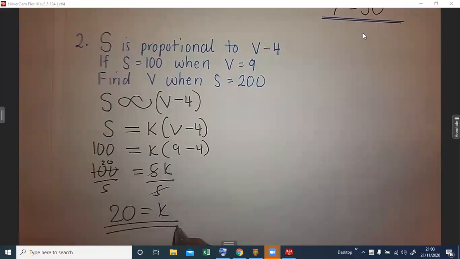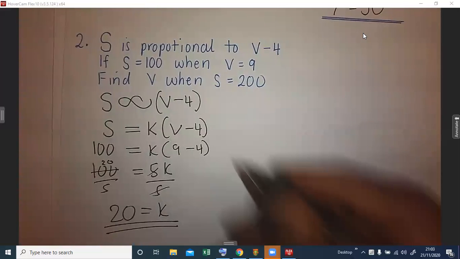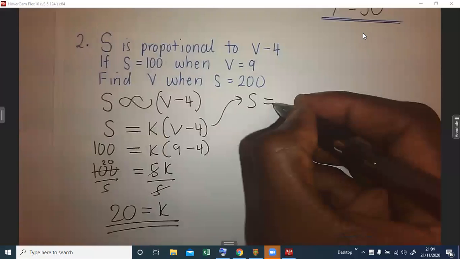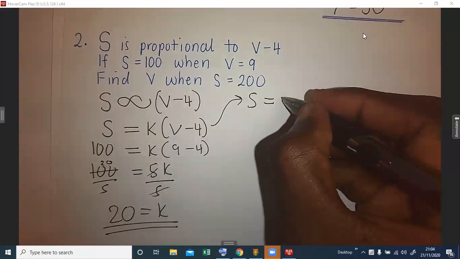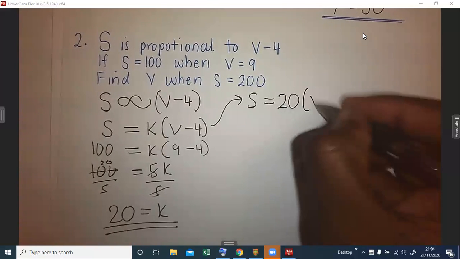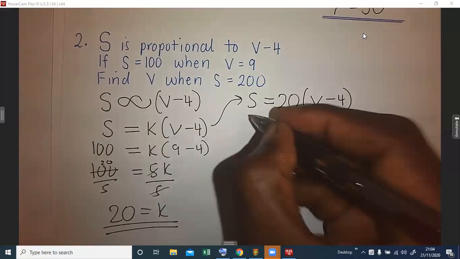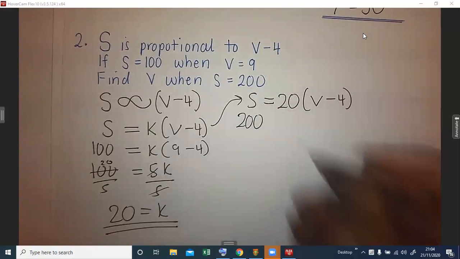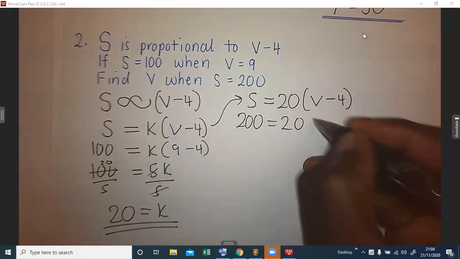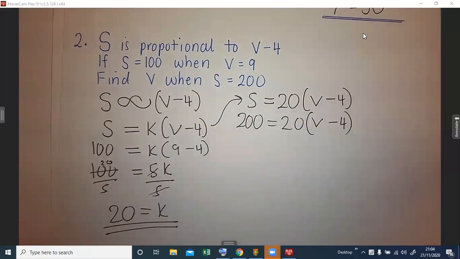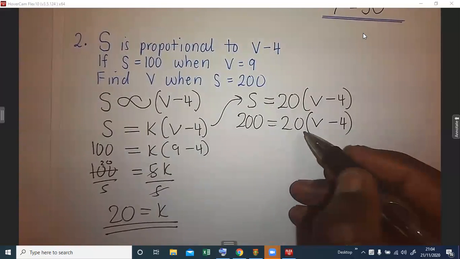After getting k as 20, we replace it in our question statement, and we get S is equal to 20(v minus 4). Now we solve the question. Find v when S is 200. So S is 200, we need to find v. Here there are many ways.